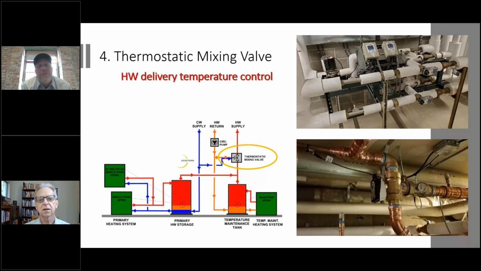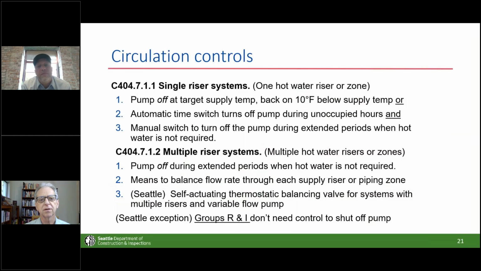So a couple things on the circulation control. It depends on whether you're a single riser or a multi-riser system. With a single riser, this is a very simple system. It's going to heat up to the target temperature, and then the pump will just turn off until the return side is 10 degrees below that supply temperature.